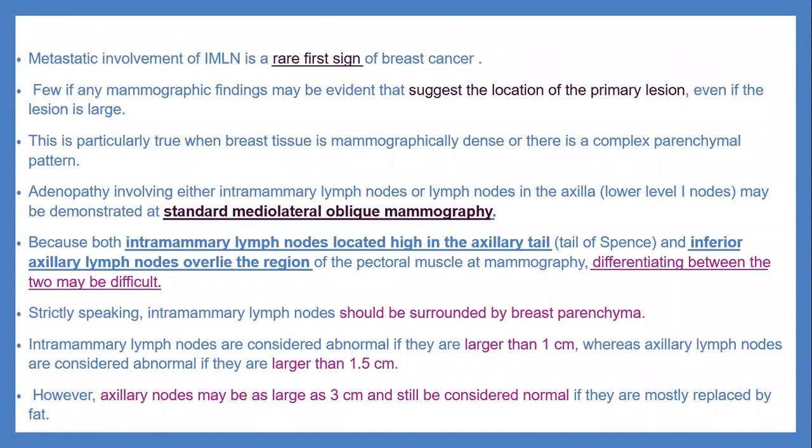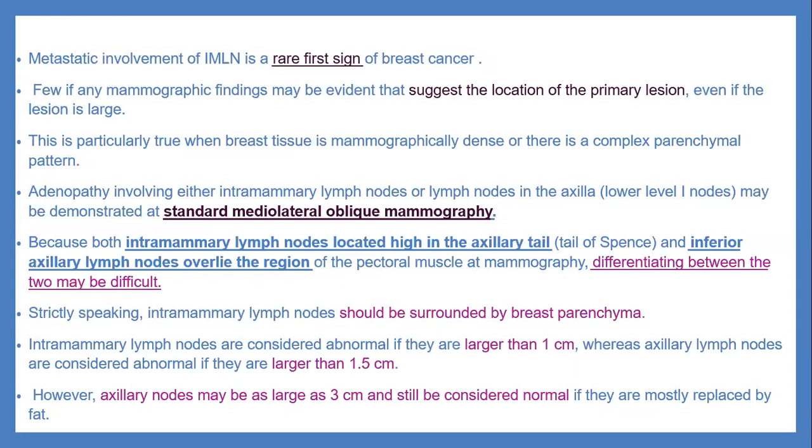So it will give us a clue to search for the primary cancer if it is not obvious and not showing itself on imaging, like in dense mammography or mammography with a complex type of parenchymal pattern.